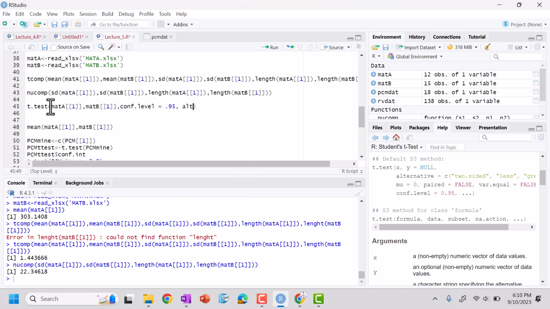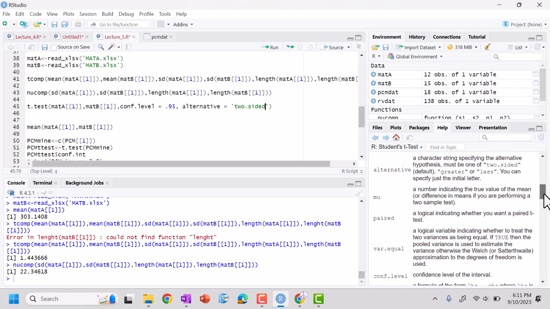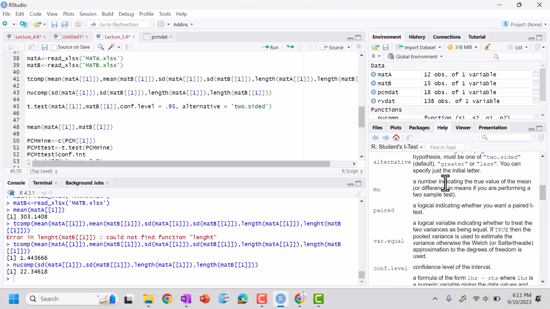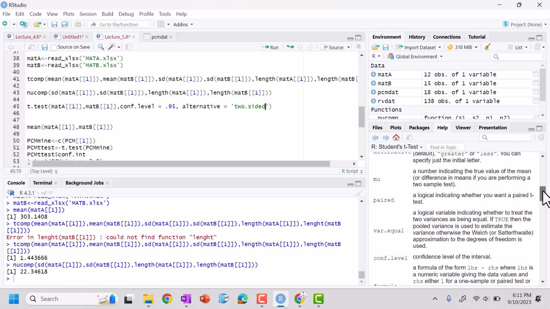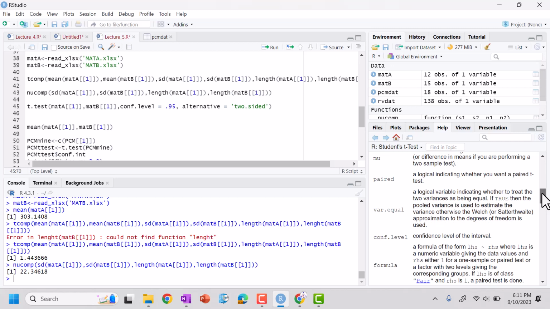I can say alternative equals two-sided. We can say that the mu's are equal here, or the difference in the means. So we're doing a 2-sample test here. If we put 0, it means that the means are equal. Excellent. Variance. Paired: you can do a paired t-test, or you can do a non-paired t-test too.